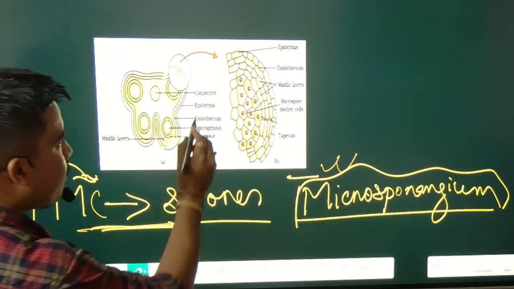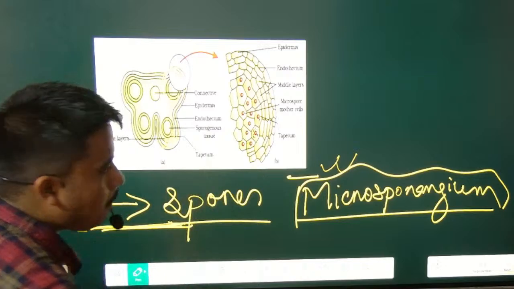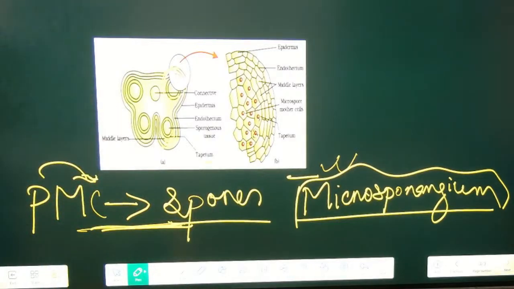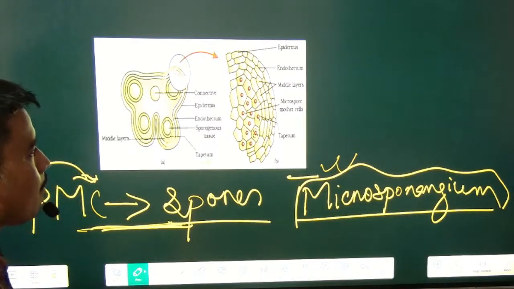Dermis means skin. Epi means outer side. Epidermis means the outer layer of the microsporangium. Endothecium is inside that. Between the tapetum and endothecium there is another layer called the middle layer, which is thicker than the tapetum and endothecium and also the epidermis.